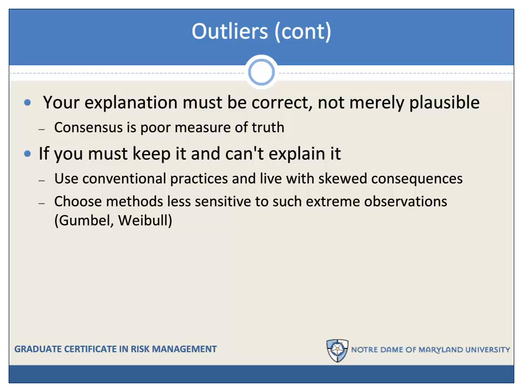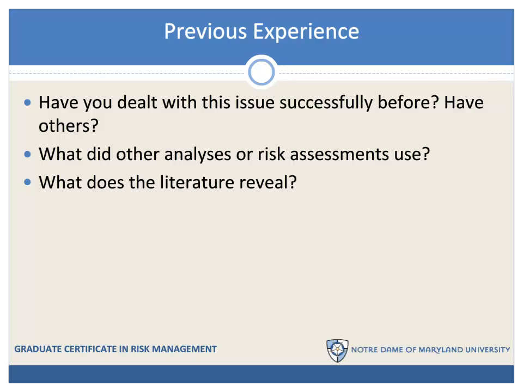I mentioned earlier the Gumbel and the Weibull are two examples of distributions that can handle these outliers a little more comfortably than other distributions can. And they have that feature that they are shapeshifters, so you can often still get the basic shape and other qualities of a distribution that you want by using one of them.